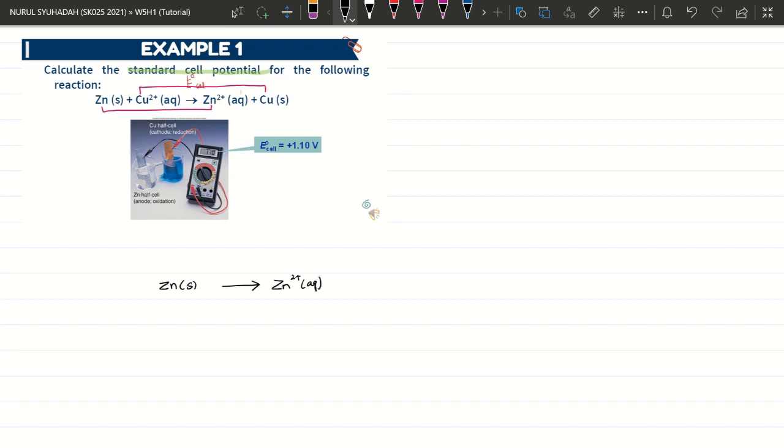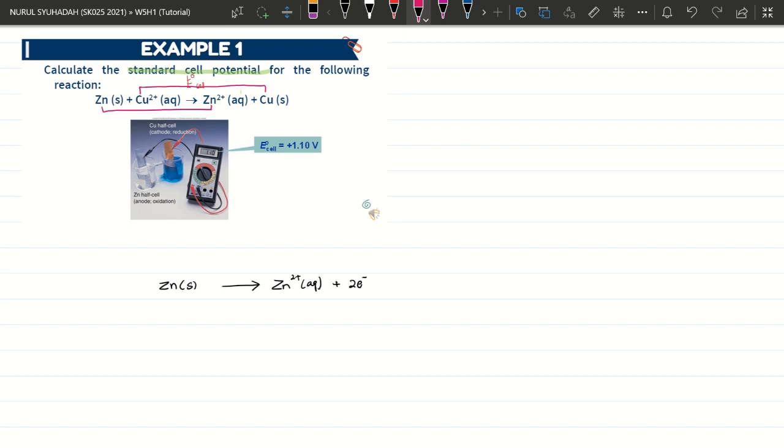To balance this equation, we will add 2 electrons over here. If the electrons are on the right hand side, on the product side, meaning we have an oxidation reaction. So where does the oxidation reaction occur? It occurs at the anode. For electrochemistry, whether talking about an electrolytic cell or the galvanic cell that we are discussing right now, we label the half equation based on its electrode, either cathode or anode.